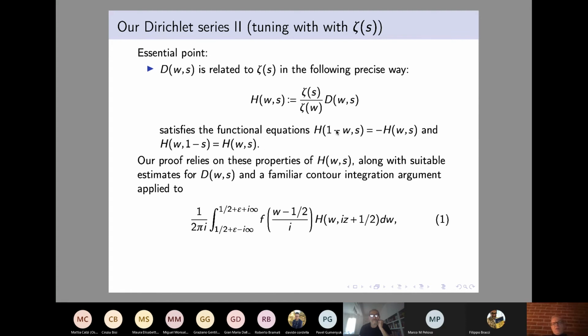Once you have that, you do the usual things. You use contour integration. Look at what we have here: in the denominator we have Zeta, so it means that you pick up the zeros.